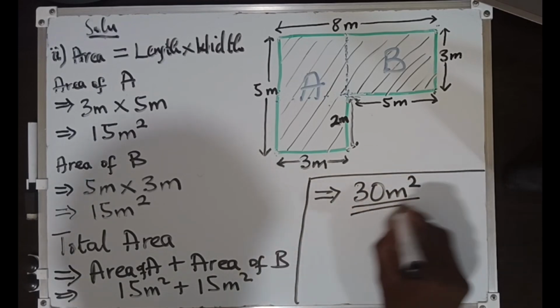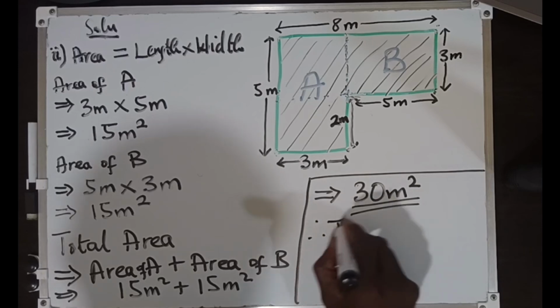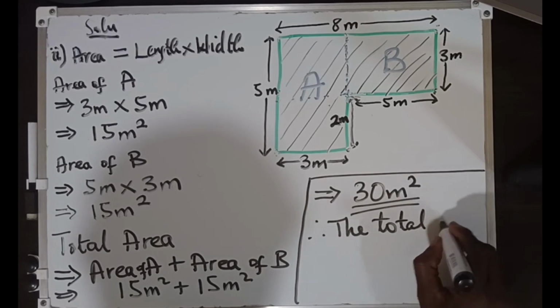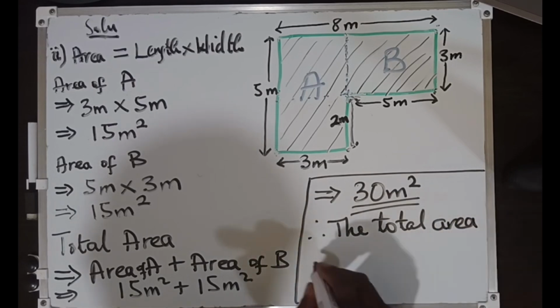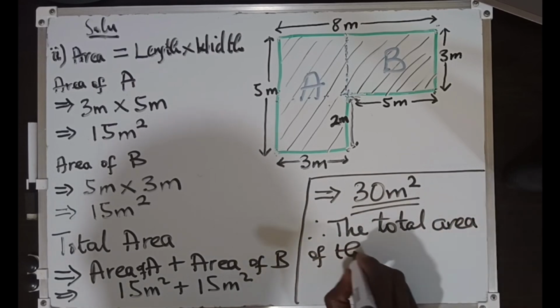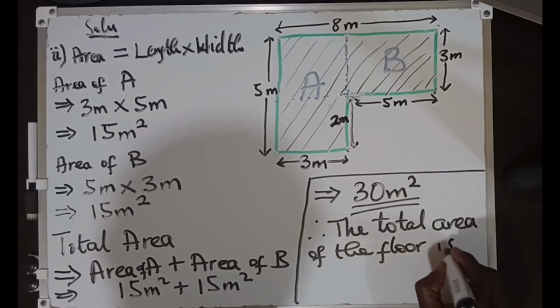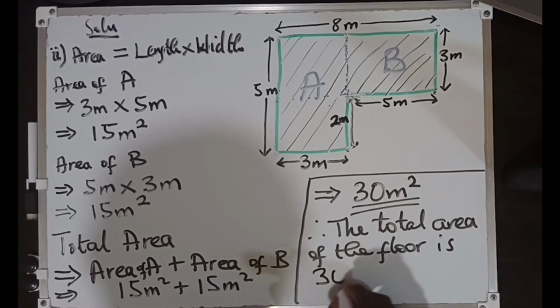So it means that, or you say therefore, the total area of the floor is 30 meters squared.